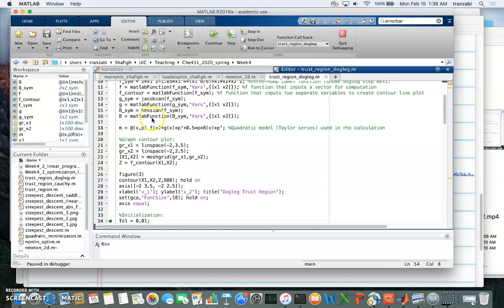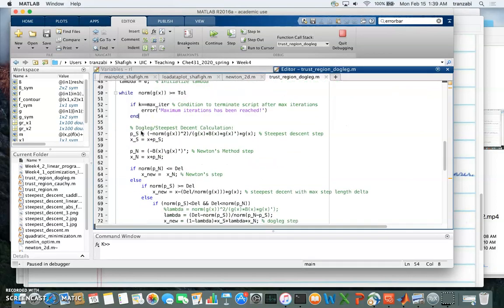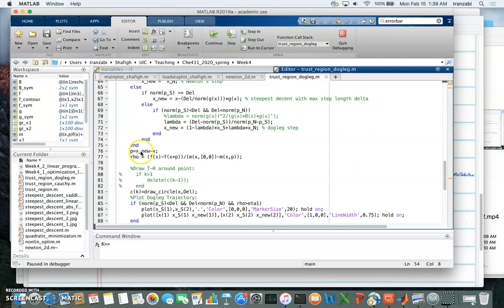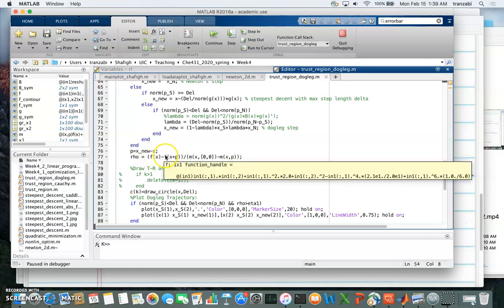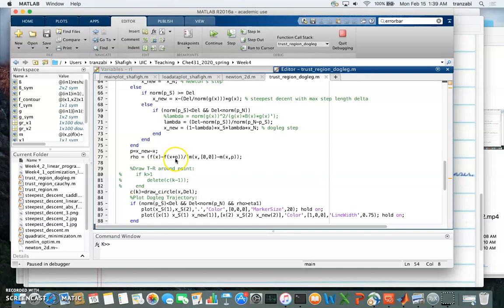All of these are lumped into this function m, which is a function of x and p. This time, I'm just calling the function using the solution and the direction. So initial direction is 0. Now is direction p. So we're going to measure how much we changed the Taylor series version. And here is how much we changed the f by going from x to x plus p.